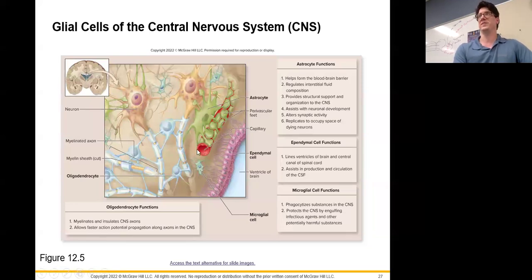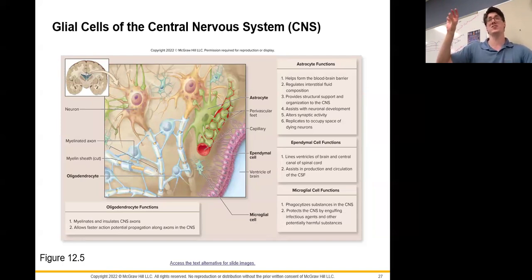This is very important. It's important because we want the chemical environment inside the central nervous system to be very, very distinct from the other environments. Why? Well, because we are using the movement of sodium, potassium, and calcium to regulate all activity inside the brain.